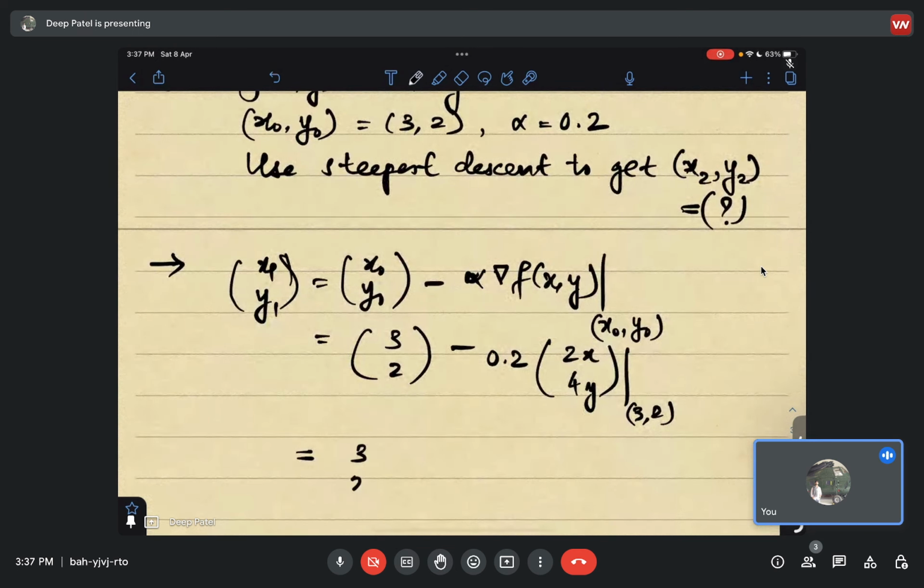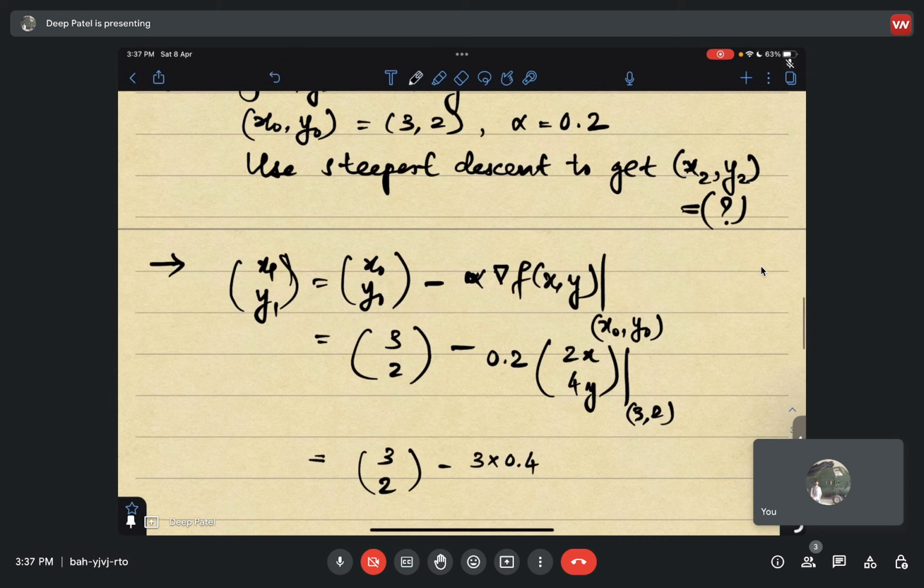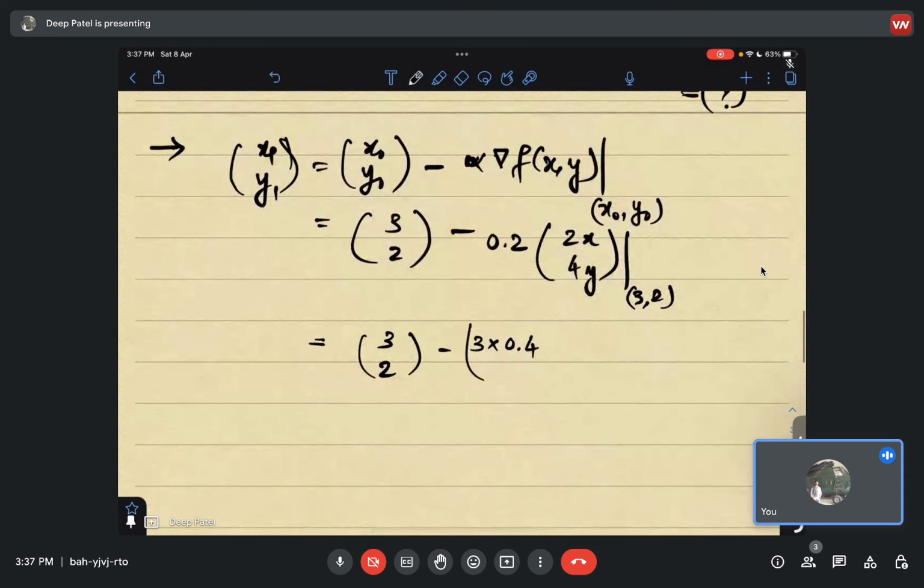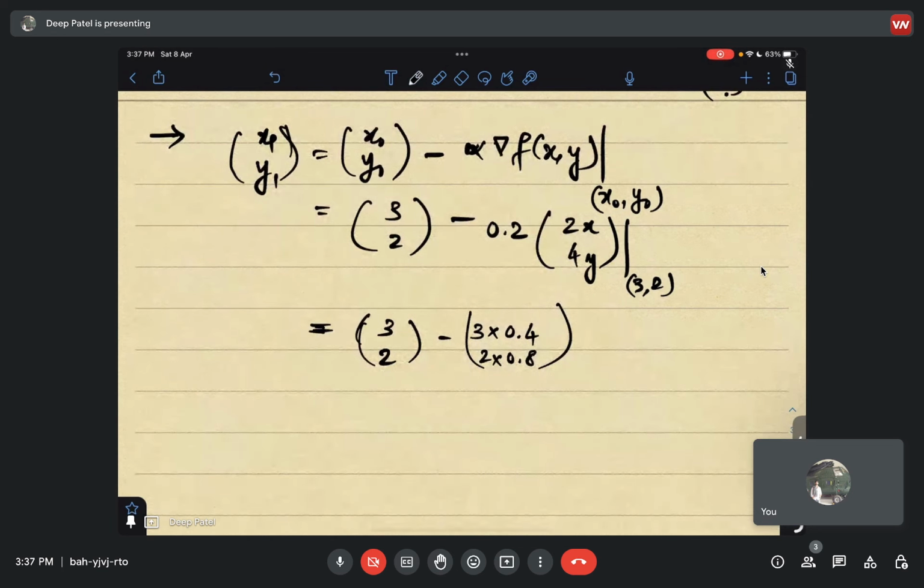So I am getting (3, 2) minus, no, this won't work. (3, 2) minus 0.2 times (6, 8). So 6 times 0.2 is 1.2, 3 minus 1.2, and 4 times 0.2 is 0.8, 2 minus 0.8. This type of calculation is suitable for a computer.